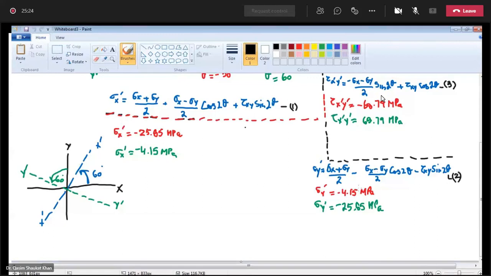Minus 4.15 megapascals. Minus 4.15 megapascals. Done.